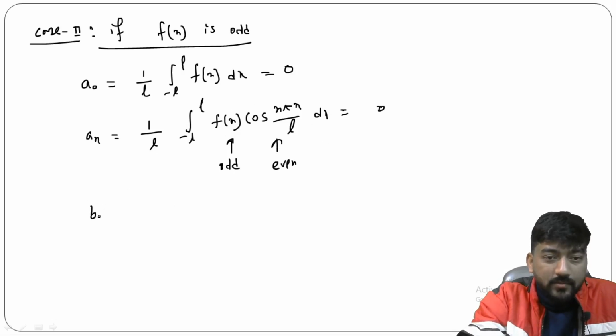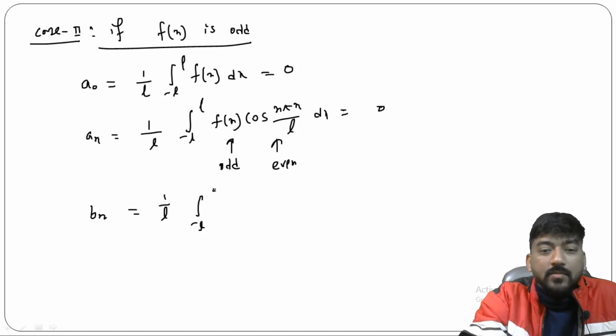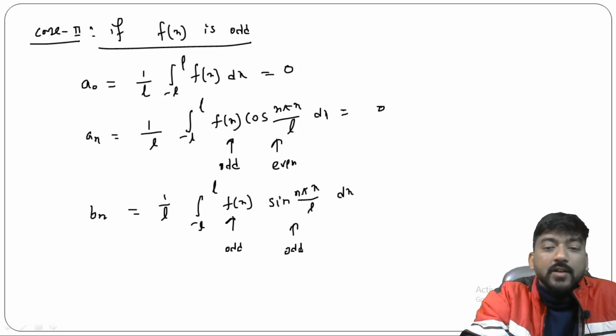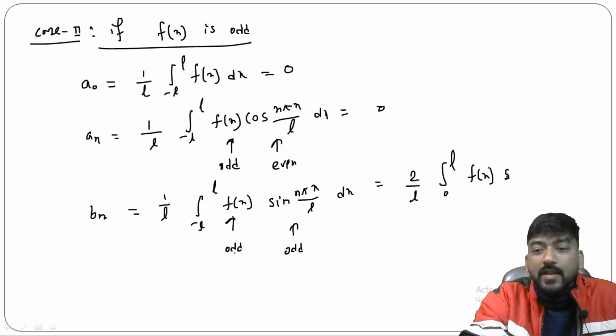So the only term that will survive is b_n, which is 1 by L into integration minus L to L f of x sine n pi x by L dx. Okay, and this is an odd function, this is given, and sine is always an odd function, and odd into odd is even. So you will end up with 2 upon L integration 0 to L f of x sine n pi x by L dx.